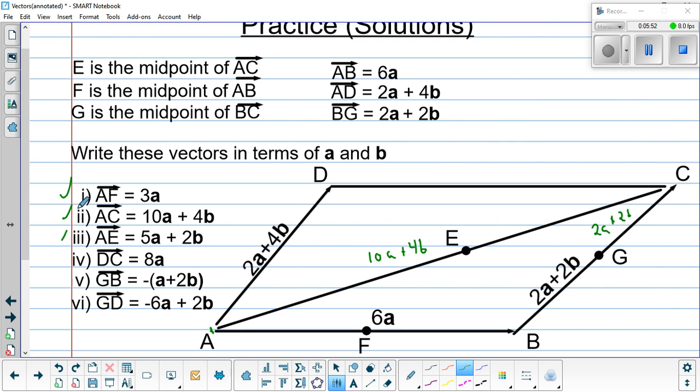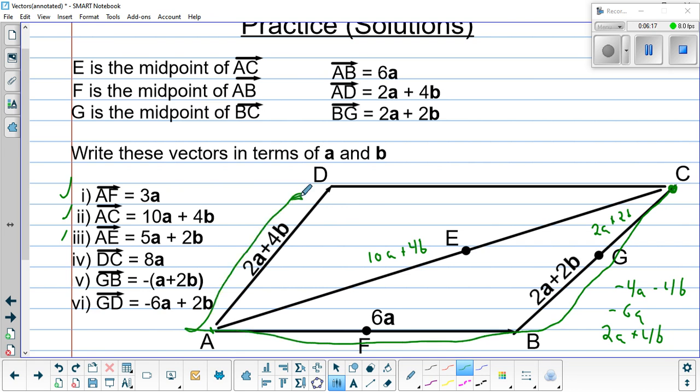Then DC, how can we get DC using what we have? We can start at C, so we can go negative 4A, negative 4B, then we have negative 6A, and then we have 2A plus 4B, if we follow all the way around, going this way.